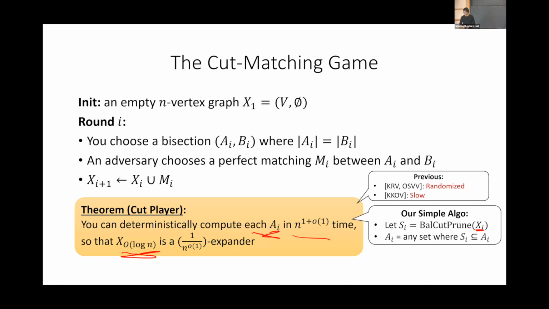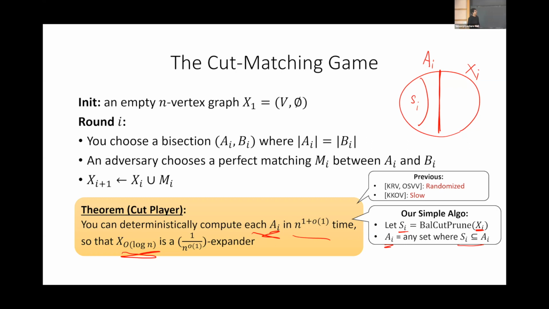It will return you a balanced cut, and what you do is just choose any bisection A such that A contains the whole set S. So if this is the graph at time i, and bow cut prune returns you S, then you just return A_i here. That's the algorithm.